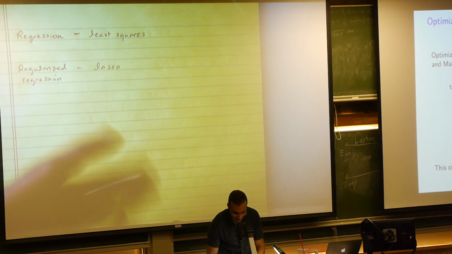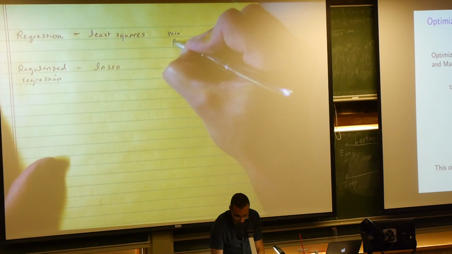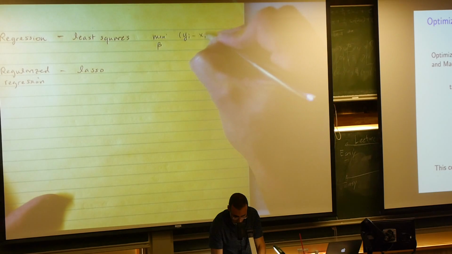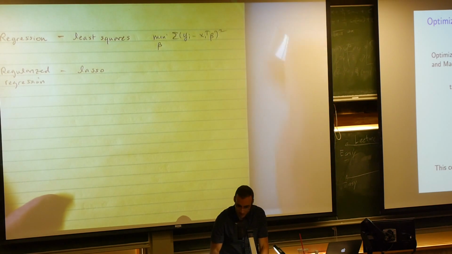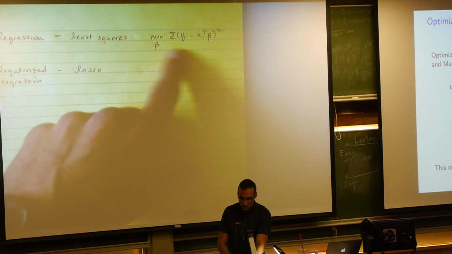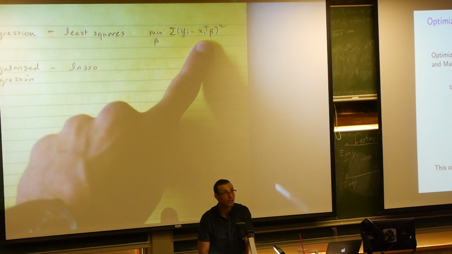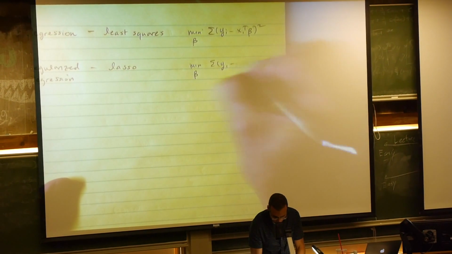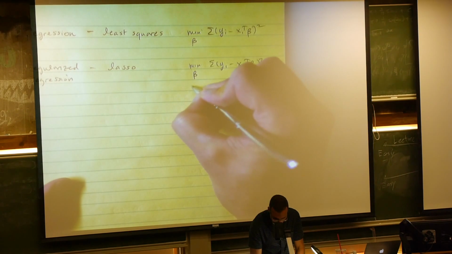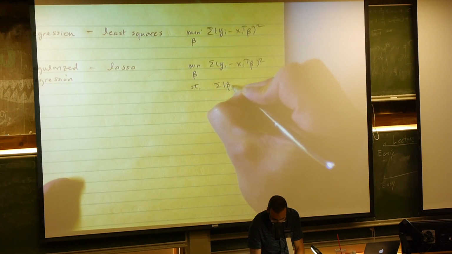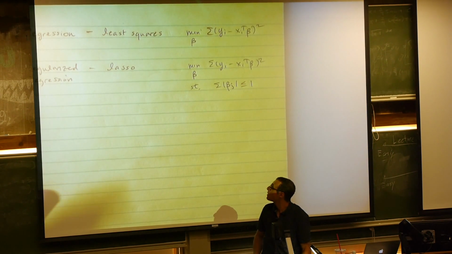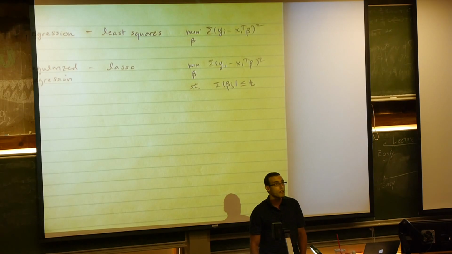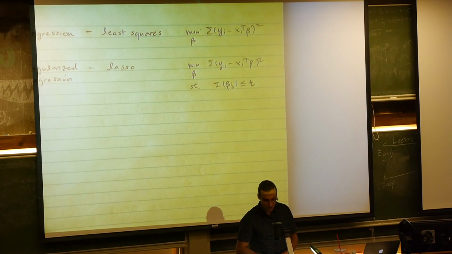So we minimize, over all coefficient vectors beta, the sum of squared errors of some target variable y_i to some predictor variables x_i transpose beta, where we place a constraint on the L1 norm. There's a tuning parameter, t.